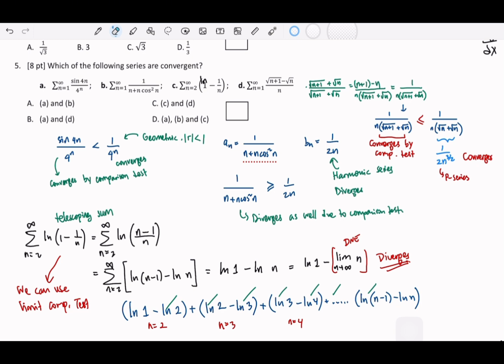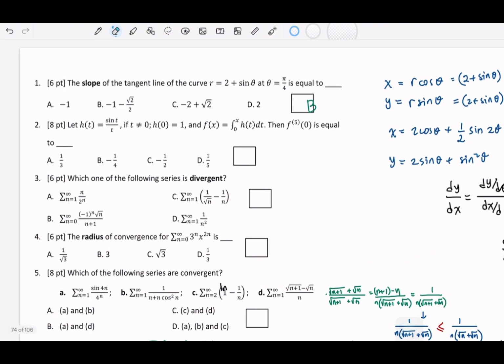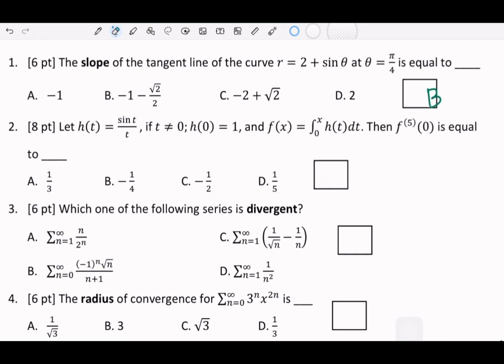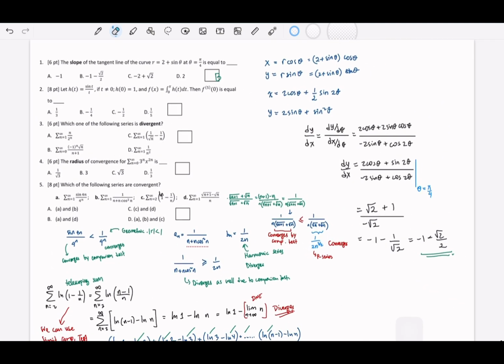Okay, now we take number 2, which is this. Let me write on a new paper to make it clean.